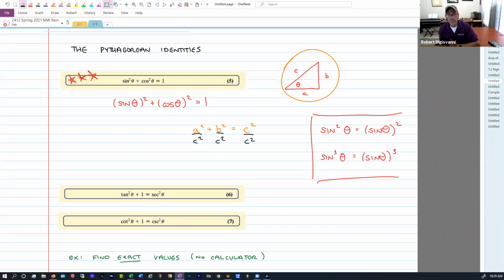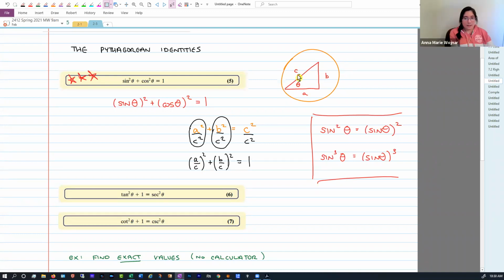Y'all agree with that? Okay, now this is equal to 1 on the right side. And then notice on the left side, that is the same as a over c squared, and this one is b over c squared. If you look at your right triangle, what is a over c? A over c is adjacent over hypotenuse. And what's adjacent over hypotenuse?